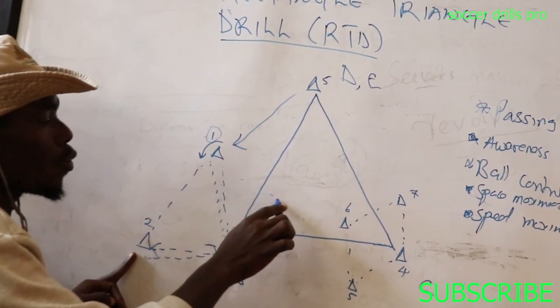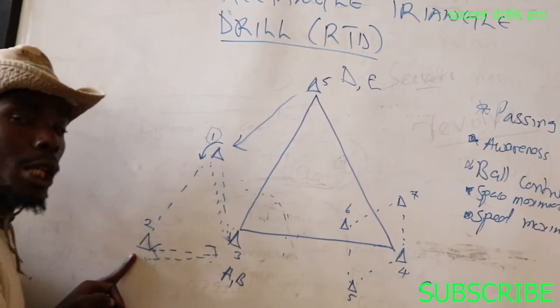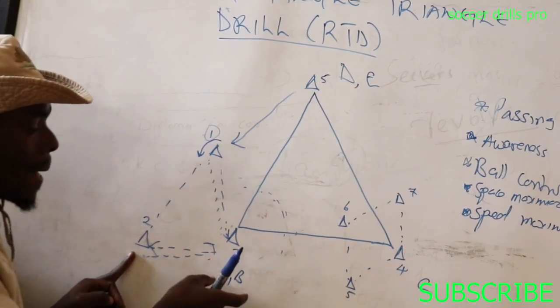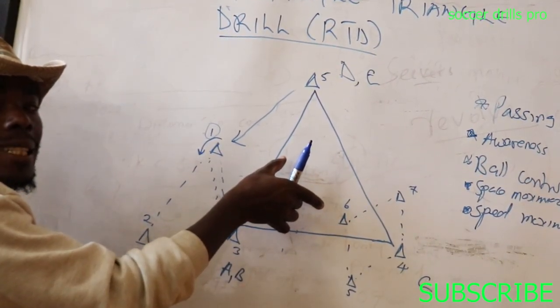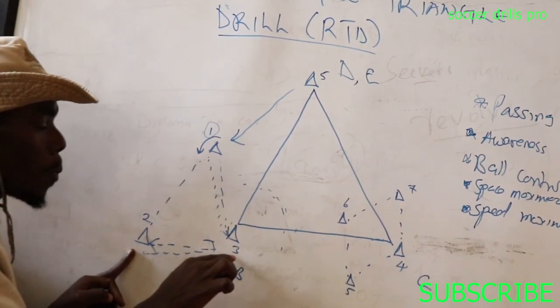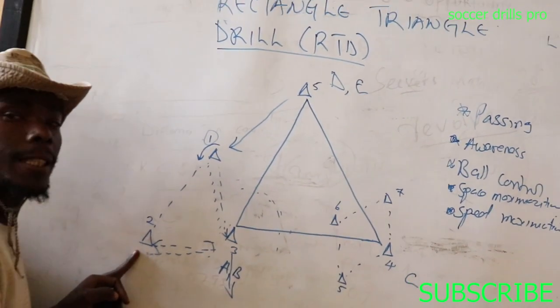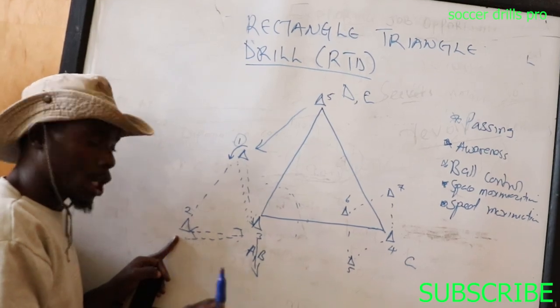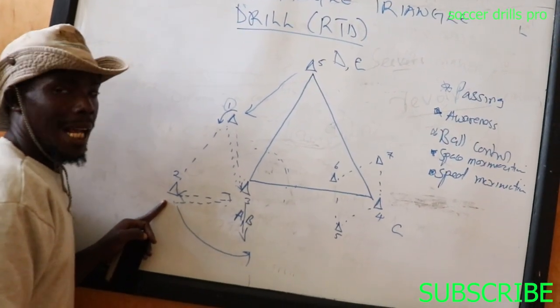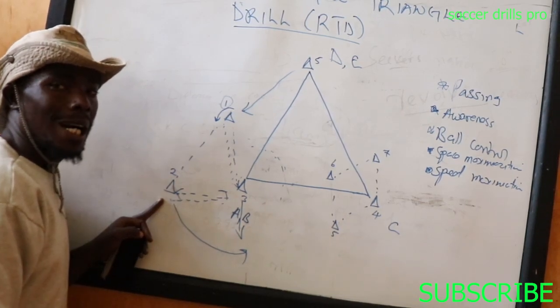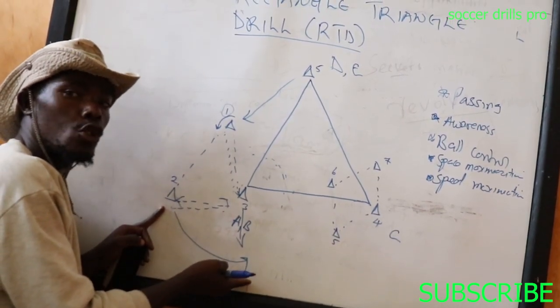Then we assume we might have some elements of the opponent in this case. That means player A will not be able to move with the ball into our target area, so he has to pass the ball into space. At that particular point, player B will make an overlap run to collect the ball into space.